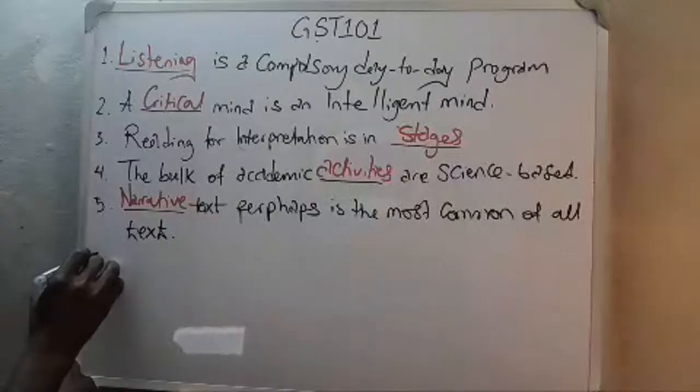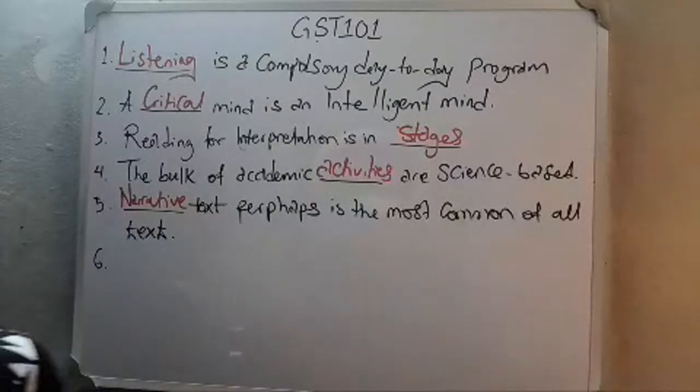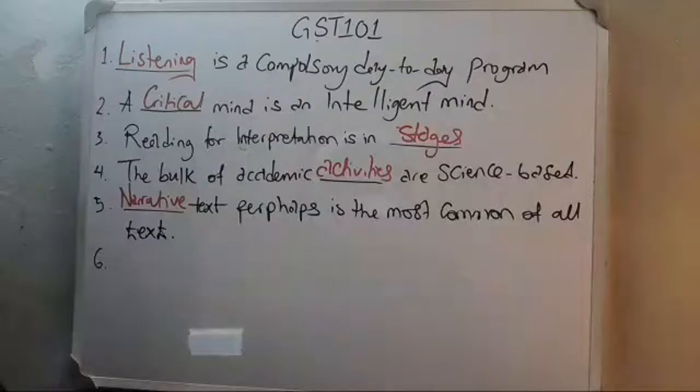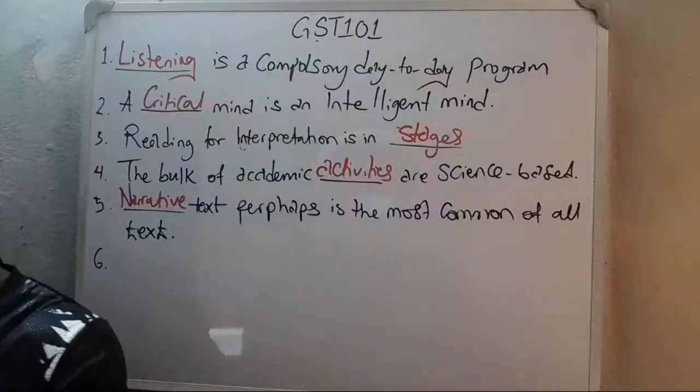So let me make question 6 now. Label. I'm just trying to manage space. Now we have expository text do not tell dash.